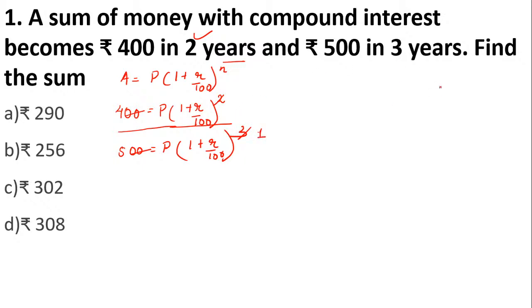If you talk about 5 square upon 5 cube, you don't get confused with this typical equation. If I write 5 to the power of 2 and 5 to the power of 3, how will you cancel? 5 into 5 upon 5 into 5 into 5. So these two 5s will be cancelled and only one 5 will remain. The same way here, power is given 2 and here power is given 3. So we'll cancel it out, and only (1 plus R upon 100) to the power of 1 remains, and P will be cancelled from P.